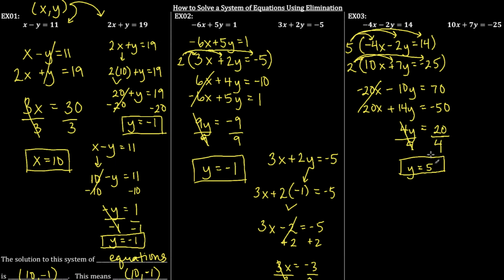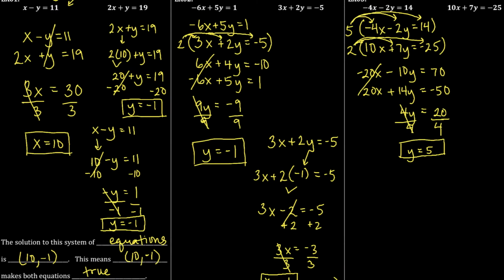Okay, y equals 5. It doesn't matter which equation I put this y in for, I will get the same x. So I like this one. So 10x plus 7y equals negative 25, and for y, I'm going to substitute in 5.